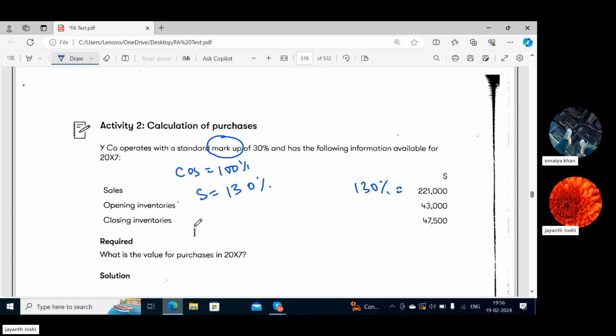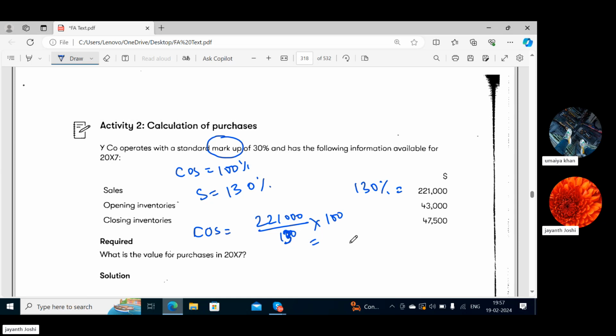So we have seen in the formula, first of all, we have to find cost of sales. Cost of sales will be how much? We have to find 100%, so that will be 221,000 divided by 130 into 100.